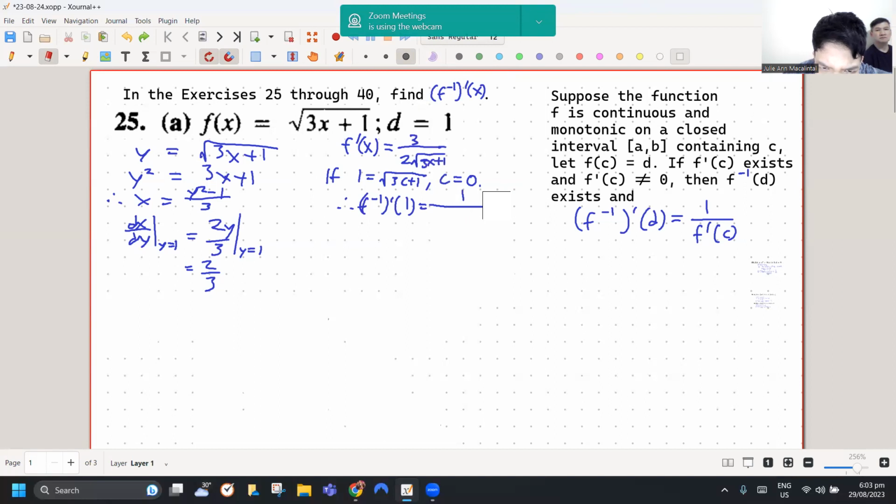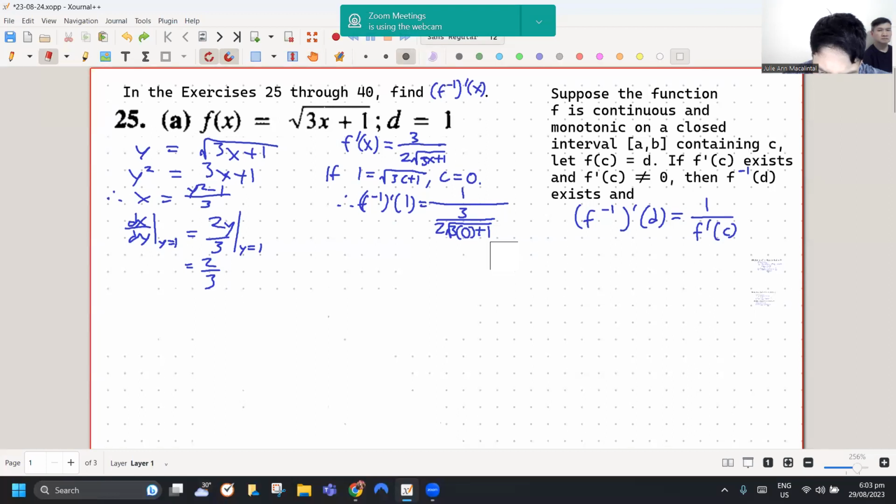This is equal to the reciprocal of 3 over 2 times the square root of 3 times 0 plus 1, where we have filled in the x with 0, which is our c. So that's just 1. So 3 over 2 times the square root of 1 is just 3 over 2, and 1 over 3 over 2 is equal to 2 over 3.